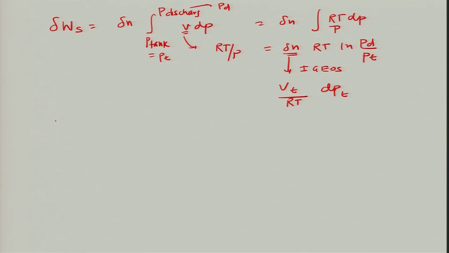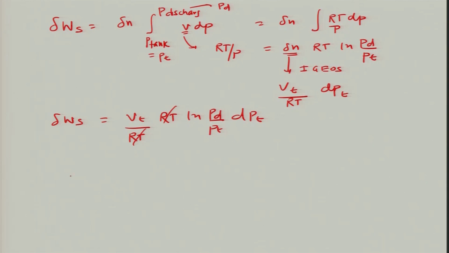So, what we have is delta W equals V_t by RT, ln P_d by P_t, and then dP_t. The tank pressure keeps changing; only the discharge pressure remains constant, so this gets cancelled.